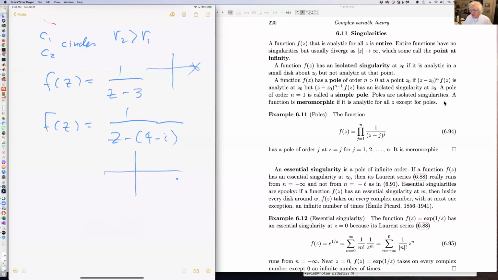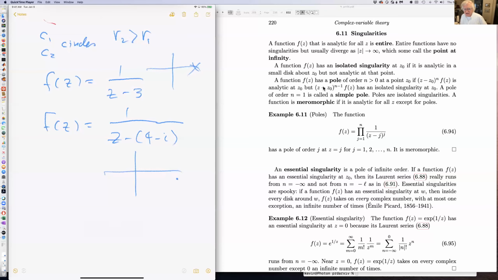These are all isolated singularities. A function is meromorphic if it's analytic for all z except for poles. And I think we might need to add isolated poles. I'll have to look up the definition. I can imagine, if you have a convergent sequence of poles, that may not be meromorphic.